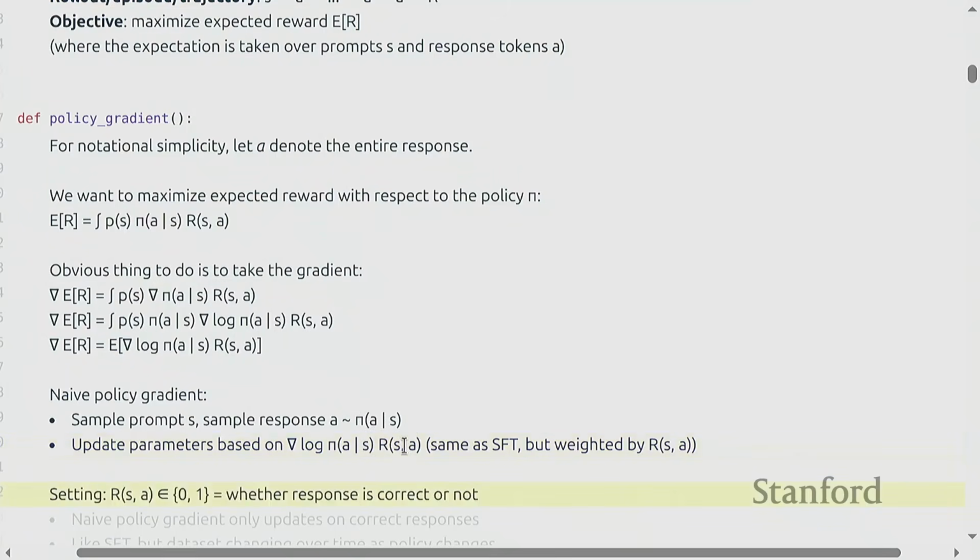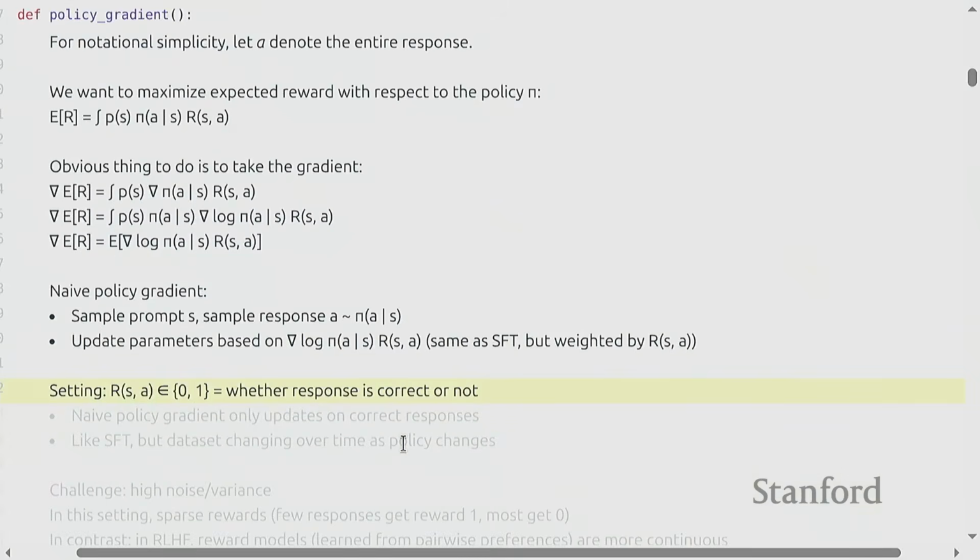Just as intuition building, suppose that the reward is either 0 or 1. Is it correct or wrong? In this case, the naive policy gradient is only going to update on the correct responses. R is going to be 0 for the actions that lead to incorrect responses, so those are going to be completely ignored. On the correct responses, R is 1.